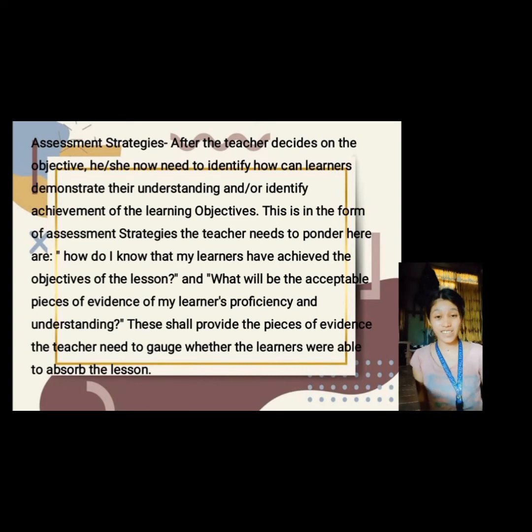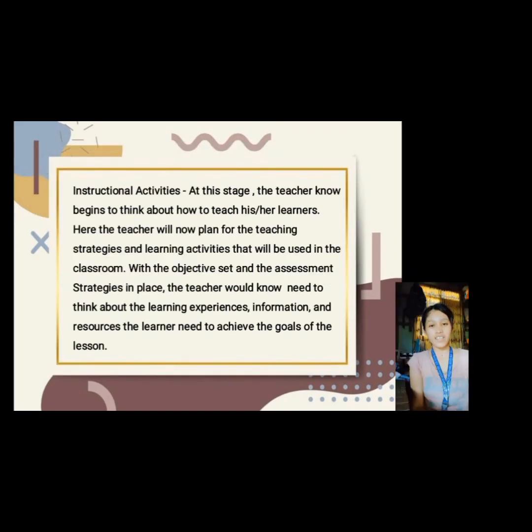When we say assessment strategy, it is where the teacher is making a strategy to identify if the learners really understood the topic or the students really met the goal he or she set for them at that certain topic.